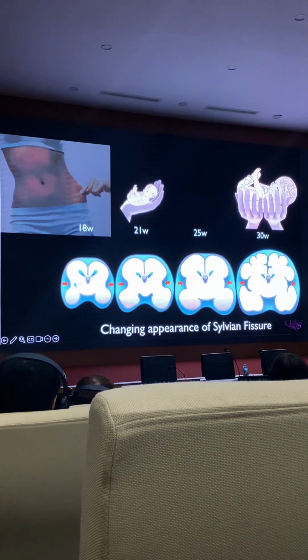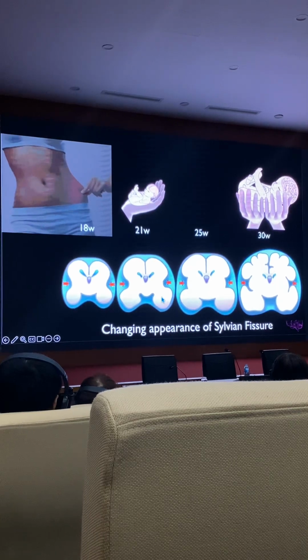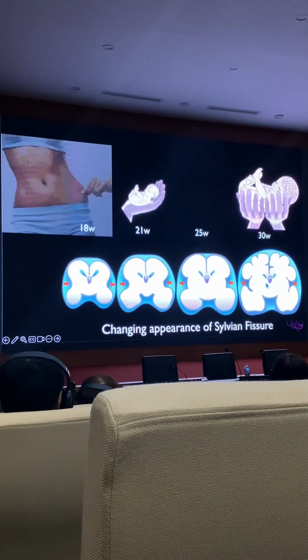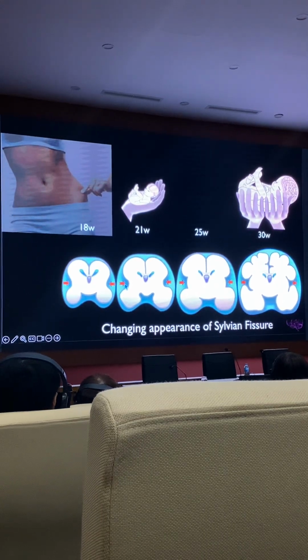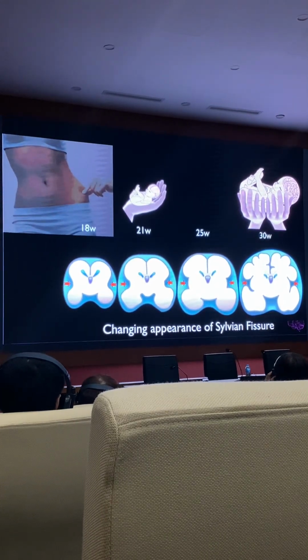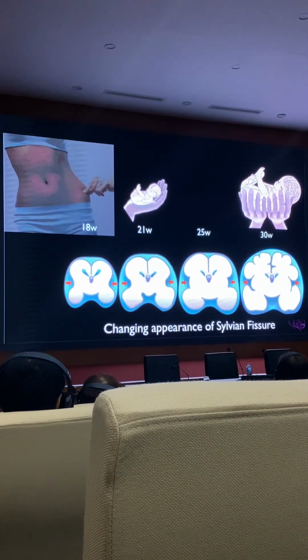And Sylvian fissure, 18 weeks, 21, 25, and 30 weeks of gestation, there is a changing appearance of the Sylvian fissure, like this. And I told in many lectures many years ago that the Sylvian fissure is changing. So, let's have a look at the Sylvian fissure.